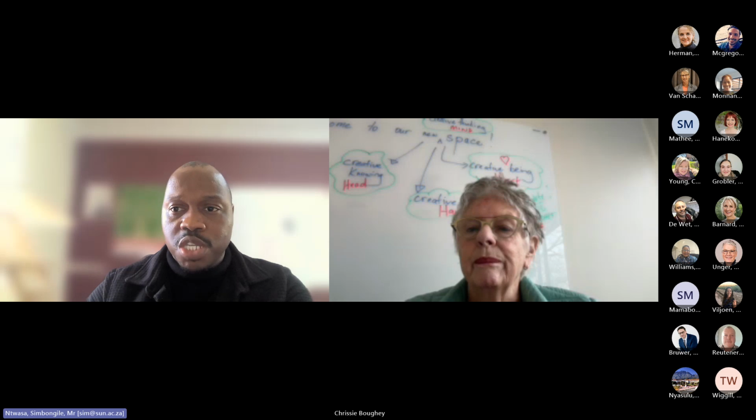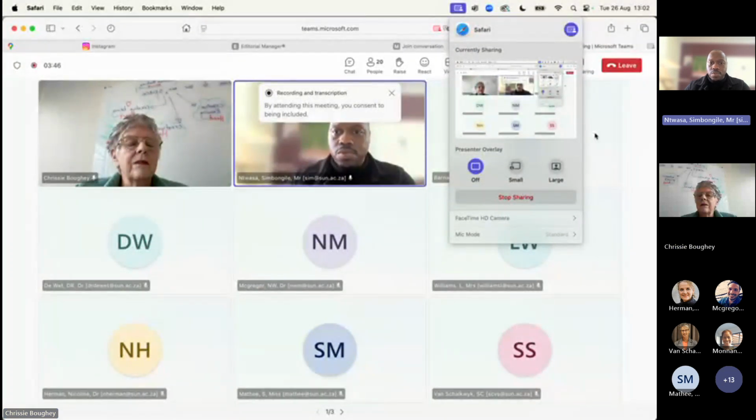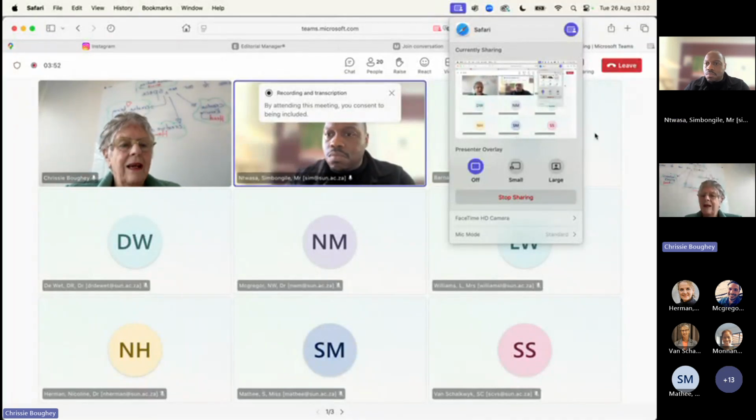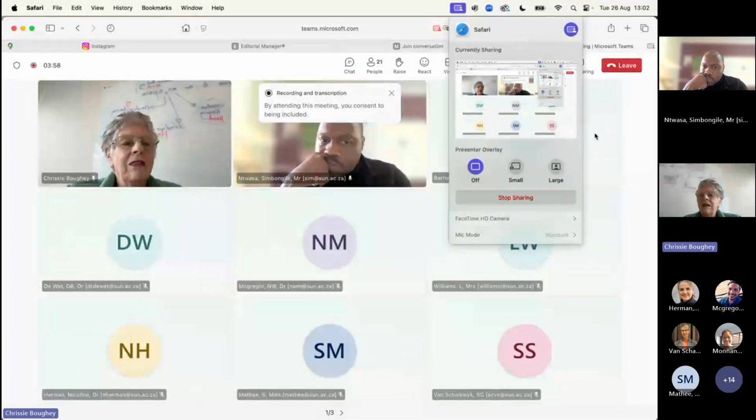Okay, now go to share. Yes, and now you go to your PowerPoint. No, I know what it looks like. It normally allows me to see all the windows on my computer that I have open, but it's not giving them to me.